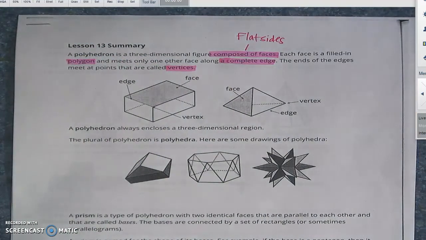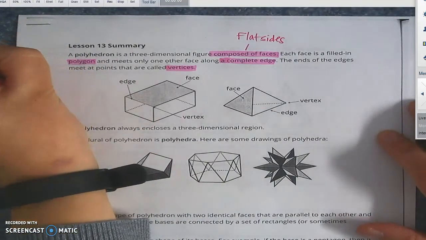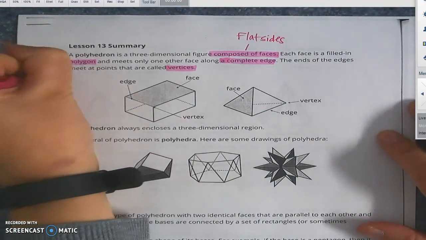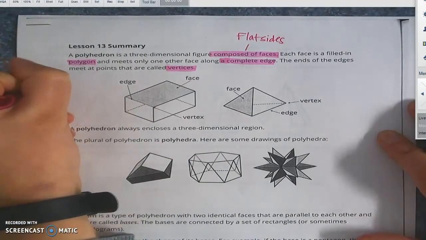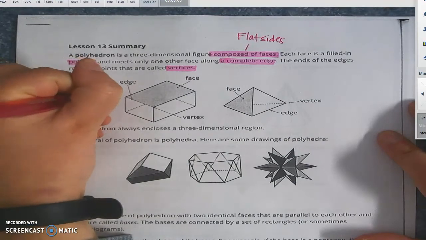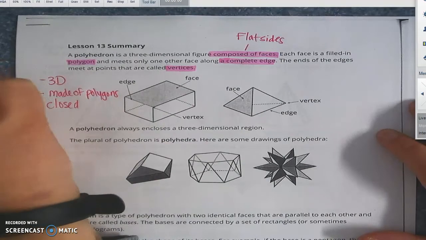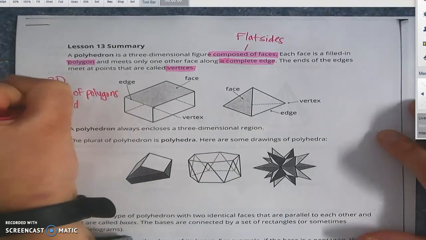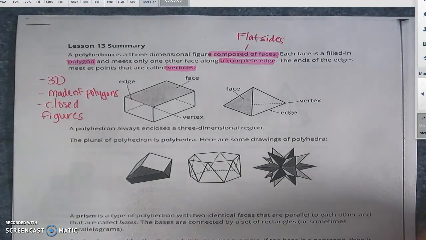So that was a lot of vocab all in 3 sentences. So what we know about a polyhedron or polyhedra is they are 3D. They're made of polygons. And they are closed figures, so it can't have an opening. So then they threw some more vocab at us.